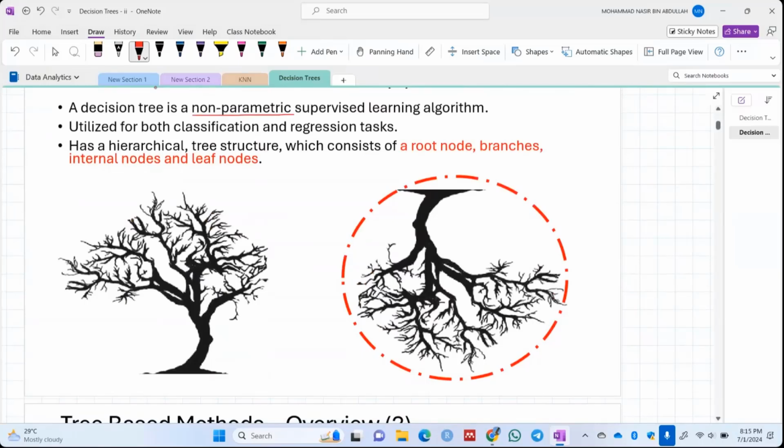Parametric supervised machine learning such as linear regression, logistic regression, and so on. So this is non-parametric, meaning that it does not care whether the data is normally distributed, or equality of variance is assumed or not, right? So it's a non-parametric supervised machine learning. It's a distribution-free technique, right? So it can cater for classification and regression tasks.